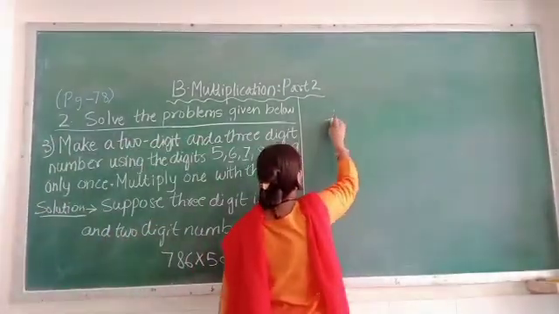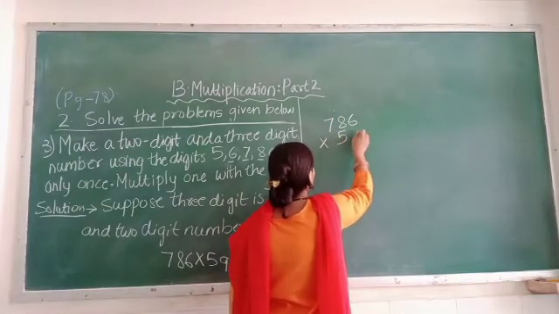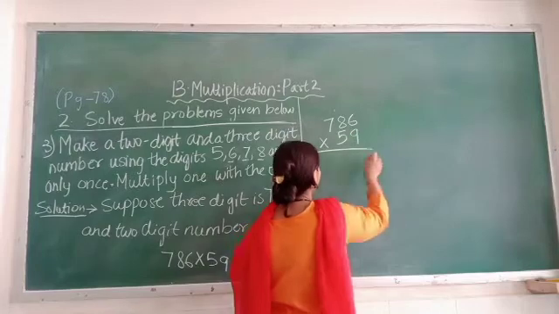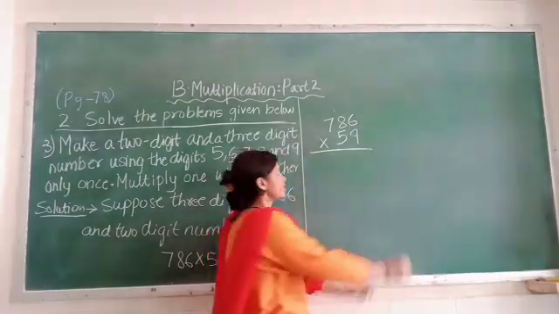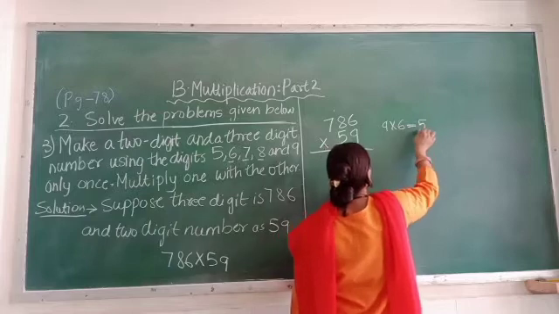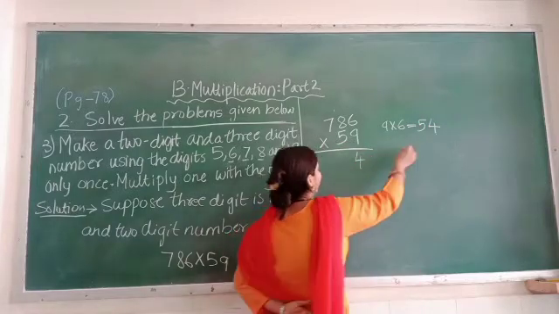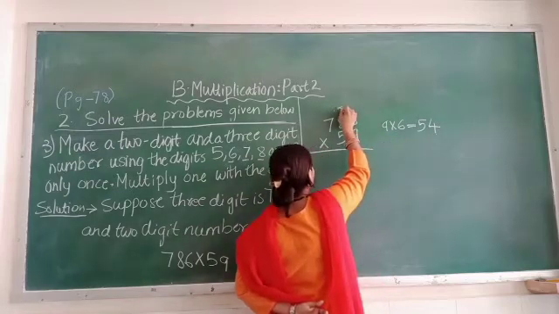Now let us multiply 786 multiplied by 59. 9 multiplied by 6 is how much? 9 multiplied by 6 is 54. So this 4 we will write here and 5 will be carried over.